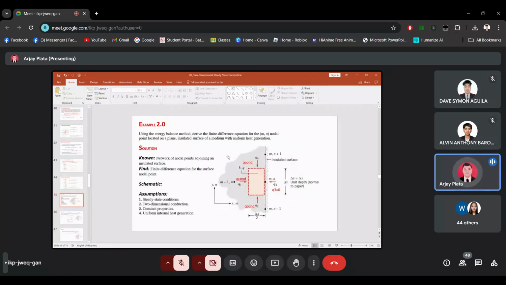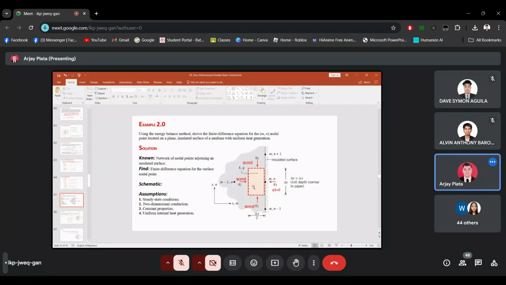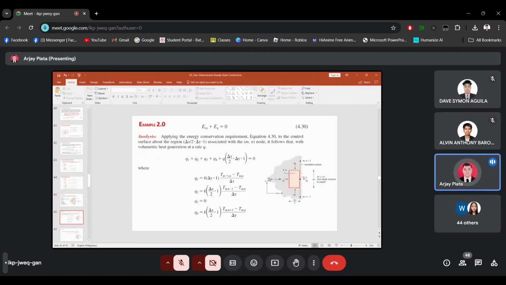Using this figure, our volume is area times height, which is delta x over 2 times delta y times 1. Since we are dealing with conduction, we don't have any value for z.